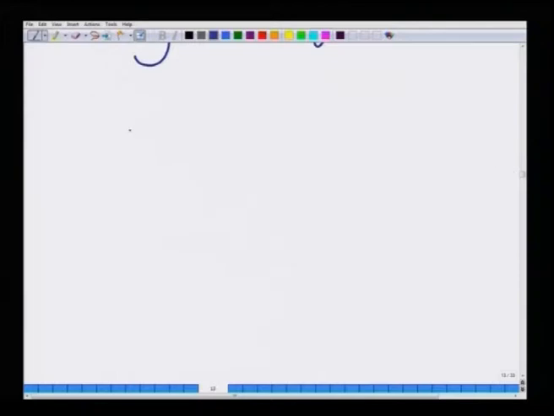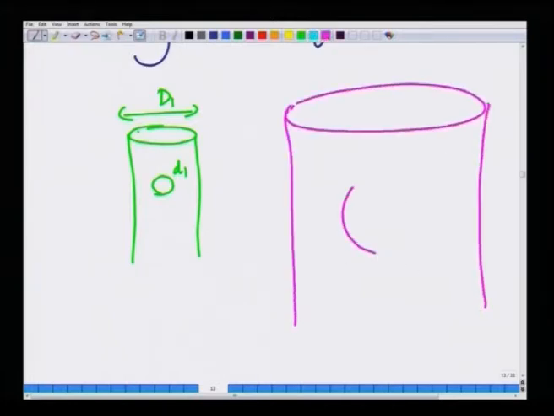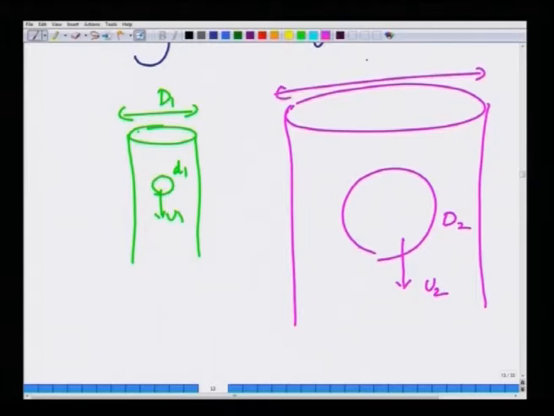Instead of the sphere present in an infinite fluid, let us say you worry about a sphere of diameter small d1 moving in a pipe of diameter capital D1, with velocity u1, and you have another case in which you have a larger sphere of diameter small d2, moving with a velocity u2 in a larger pipe of diameter capital D2.